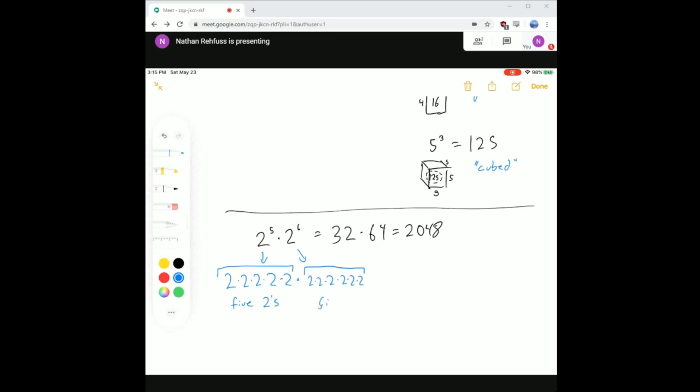That's 6 2's. So altogether, there are 11 2's here. There's 5 2's on the left plus 6 2's on the right. So I could write my answer as 2 to the 11th power, which happens to be 2048. See, math is consistent.